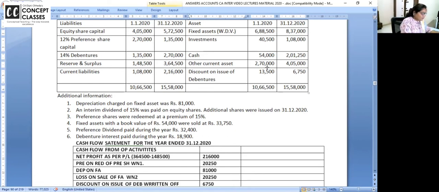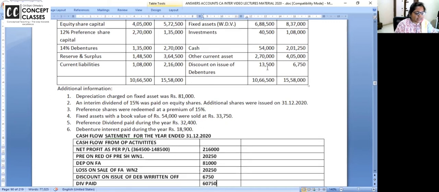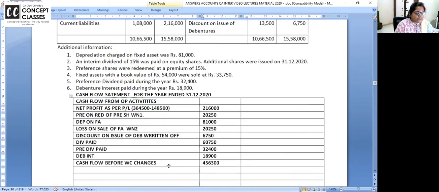How much? 4,05,000 minus 270: a 135 increase in current assets. More money is blocked in debtors and stock. So whenever there's an increase in current assets, more money is blocked, meaning money has gone out, an outflow: 1,35,000. Are you all clear?